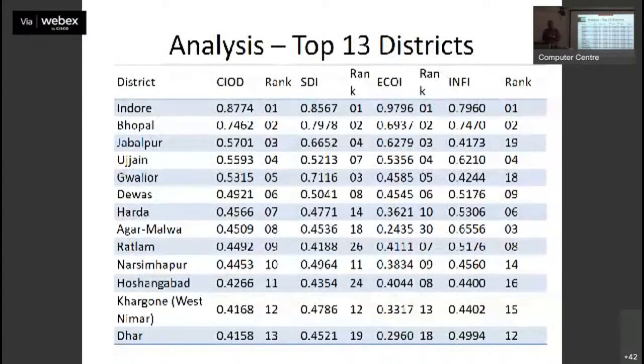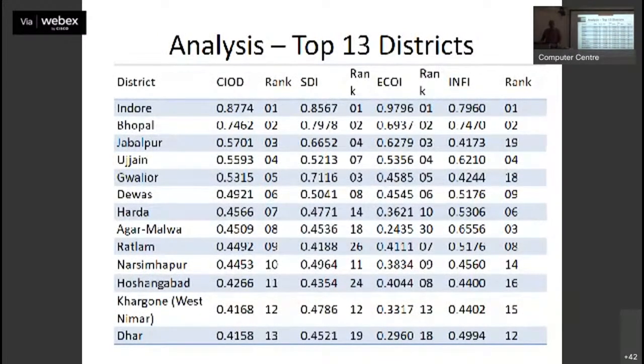Ujjain, composite development index 4th rank, social development 7th rank, means economic development is not transferred into social development. Infrastructure development is very good, 4th. And therefore overall rank is also good, 4th.